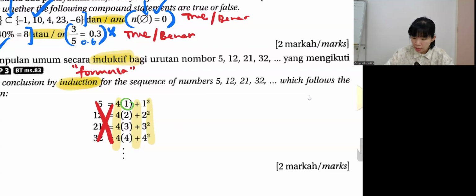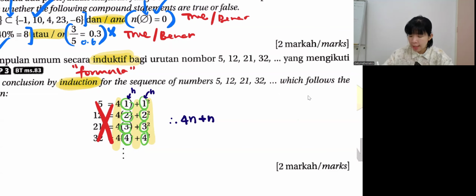Then 1, 2, 3, 4, we can change to N. And here 1, 2, 3, 4, so we can change to N also. Both also N. So your answer is 4N plus N square, comma, N equals 1, 2, 3, dot.